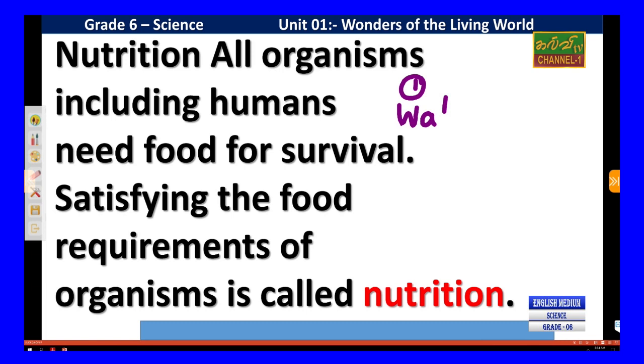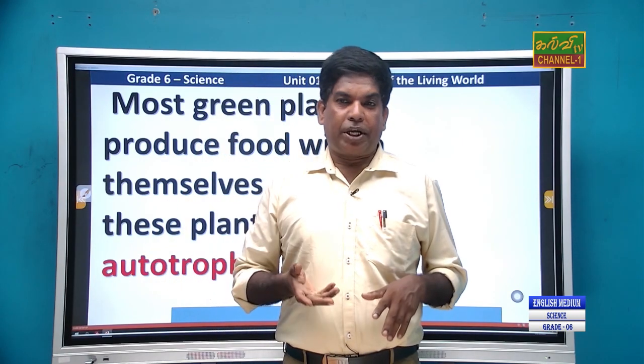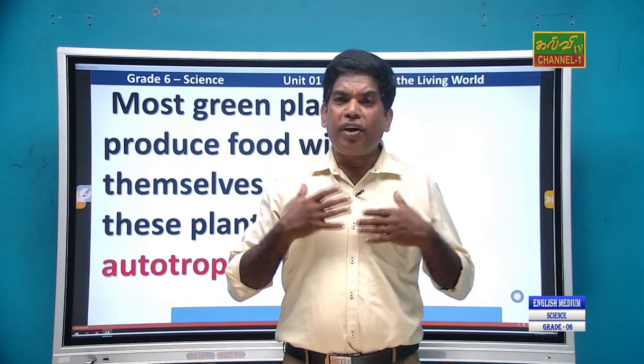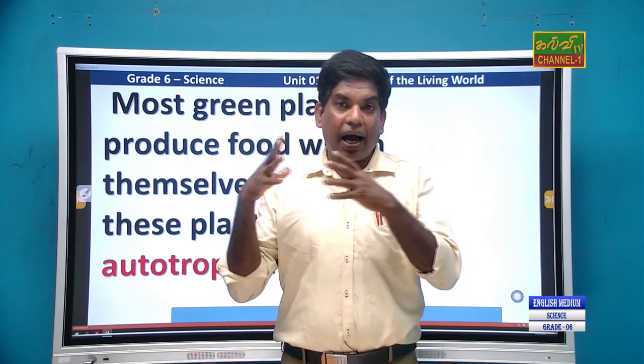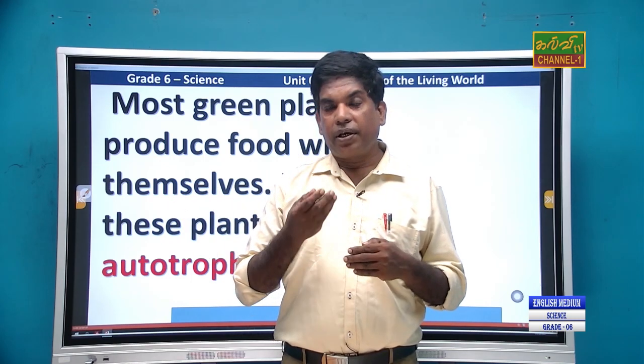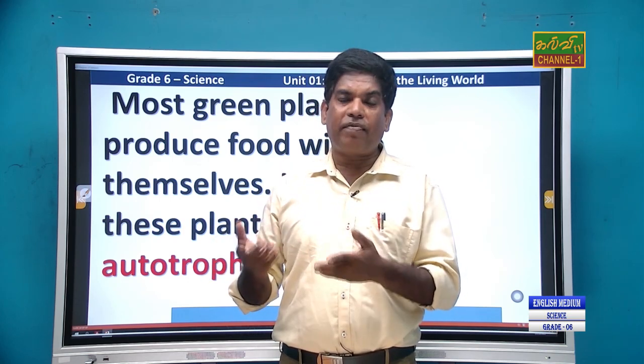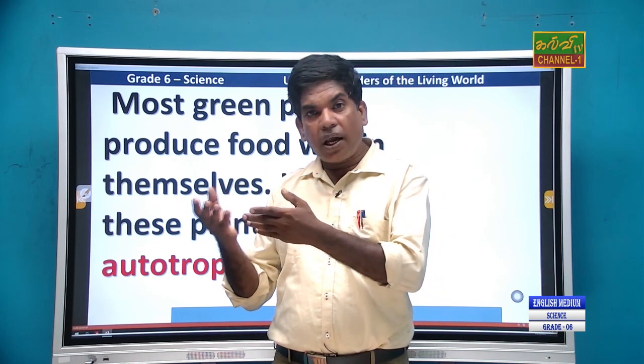Another one is most green plants produce food within themselves. Hence, these plants are called autotrophic. Normally we depend on other animals or plants. For example, if I need to finish my dinner or breakfast, I depend on another plant.